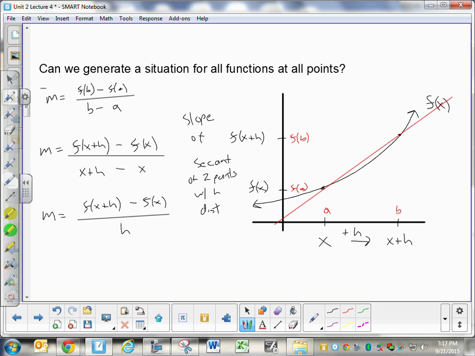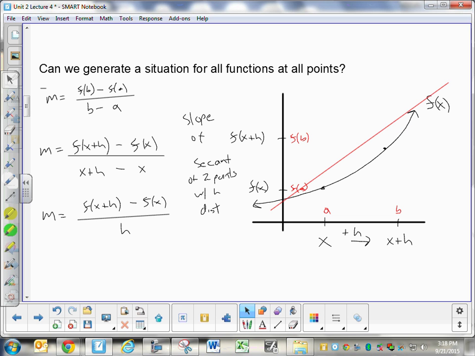Well, what do I need to do to turn this secant line into a tangent line at x? Let's see what the tangent line, I'm not going to show you.